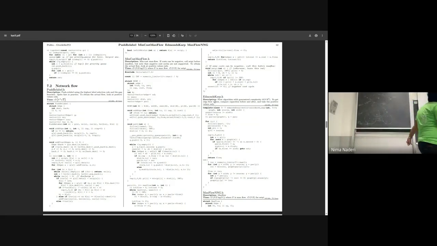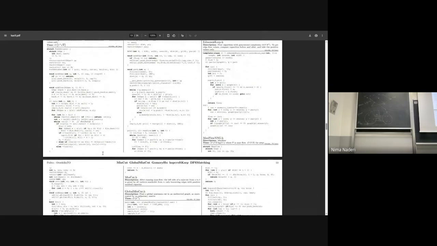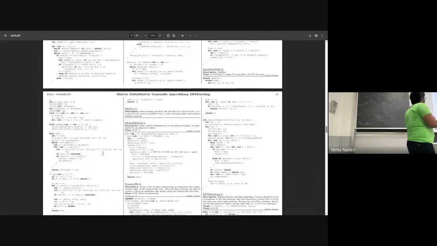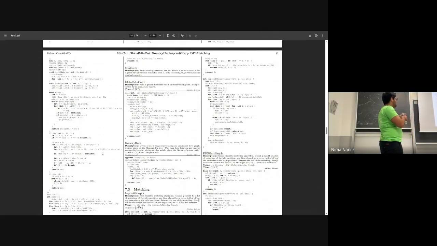Now the algorithm itself. I don't know, is this the main flow algorithm? No, it should probably be below. Maybe my part also has flow, I don't know. Oh, wait.